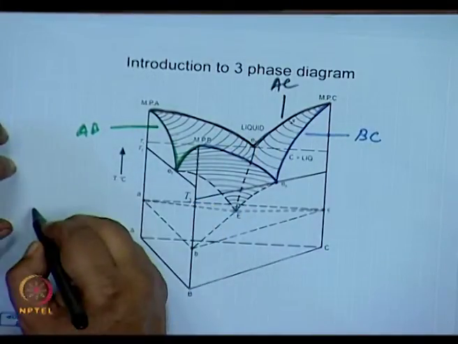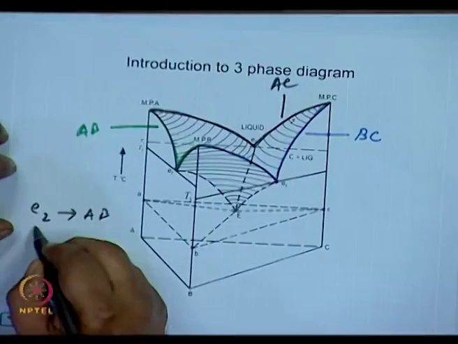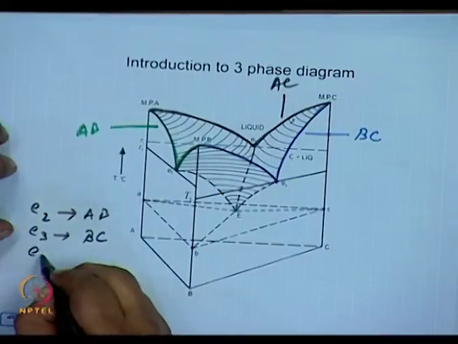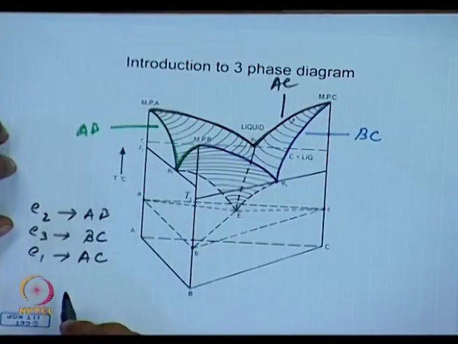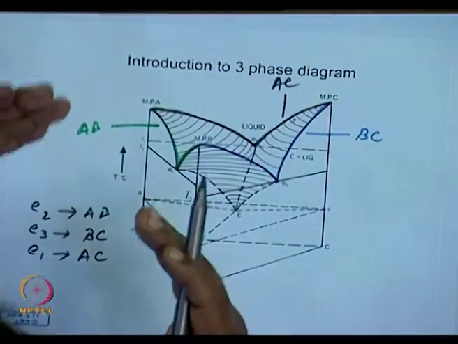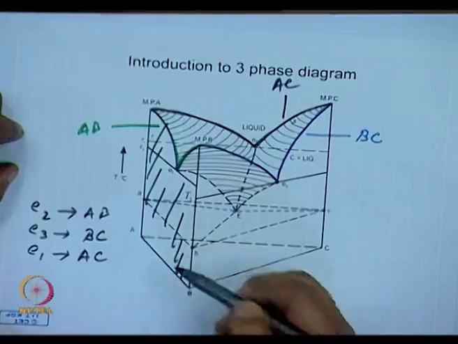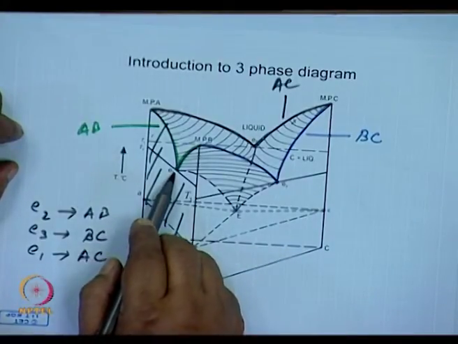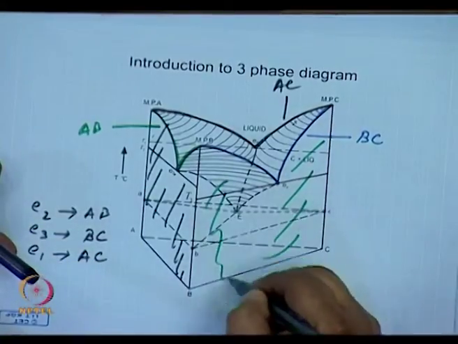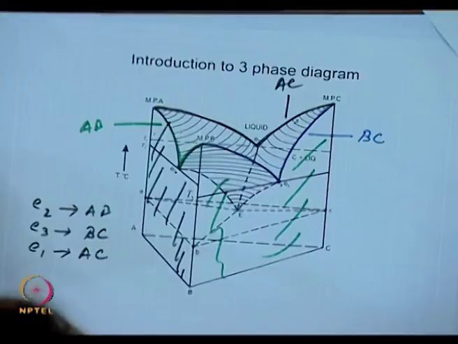So E1, E2 is the eutectic for AB. E3 is the eutectic for BC, and E1 is the eutectic for AC. Now, when I am talking of the AB phase over here, the eutectic is E2. If I am talking of BC, the eutectic phase is E3. Similarly, E1 is the eutectic phase of AC.